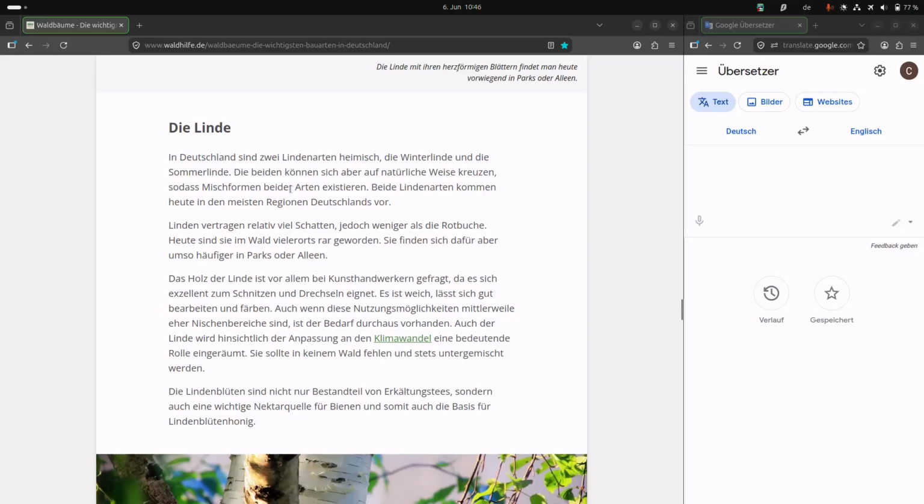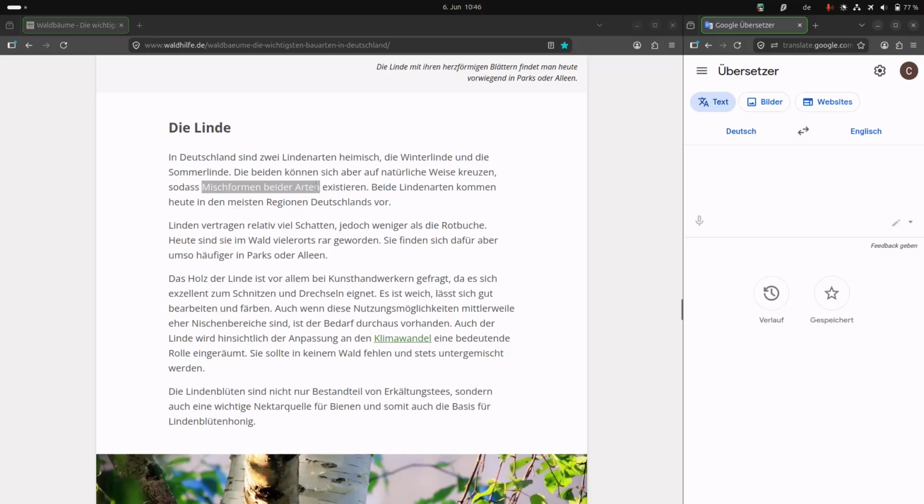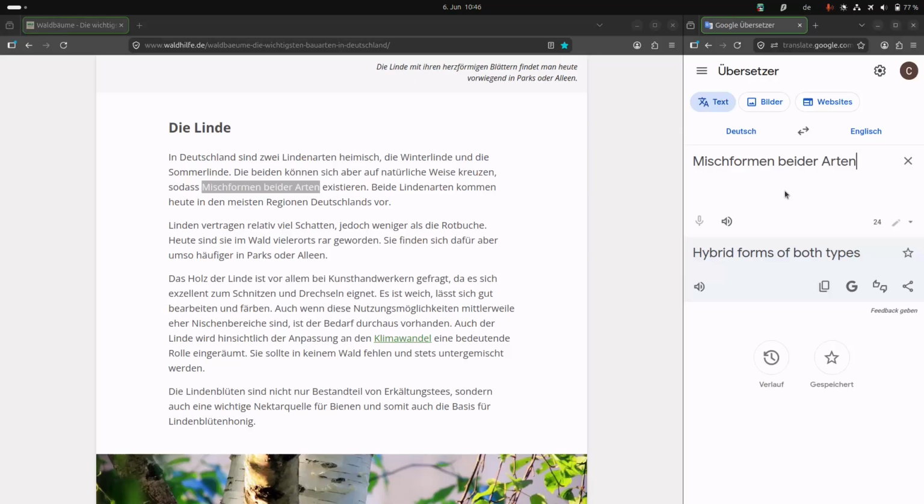This is of course special because of this genitive form. You could say Mischformen von beiden Arten, of both types. But in this case you would say beider, of both. You would also say that in English.